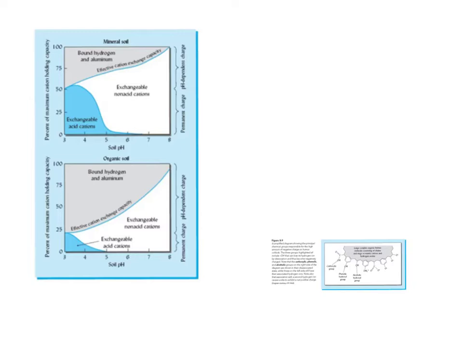What you see in these two graphs are two different kinds of soil. First we have a mineral soil, a regular mineral soil you could say, and then we have an organic soil. And remember that organic soils can actually have a change in the amount of CEC available, the ability of that soil to exchange cations on its surface.